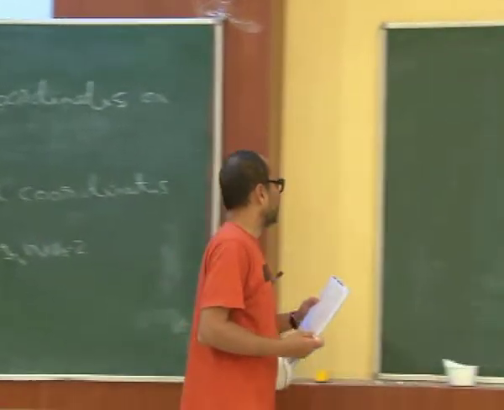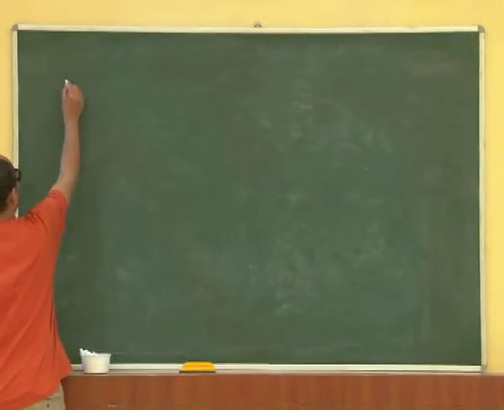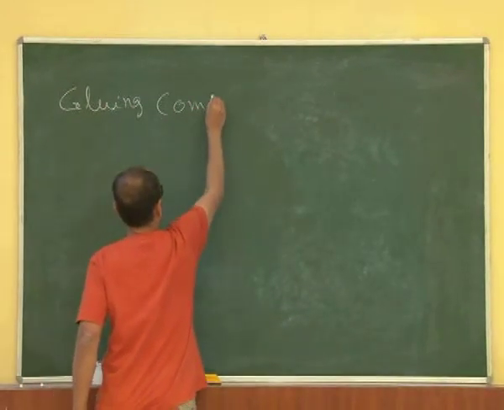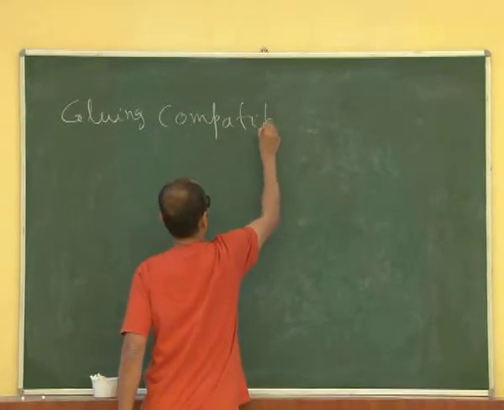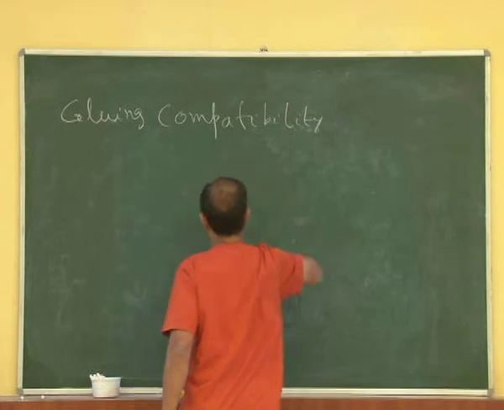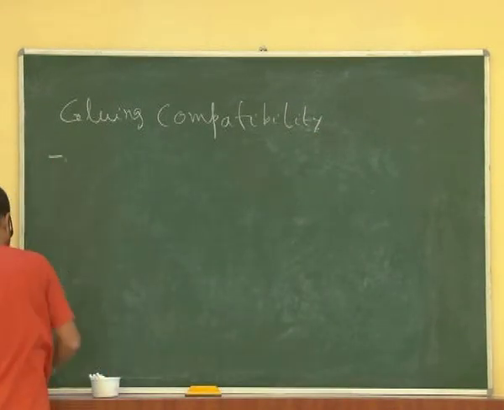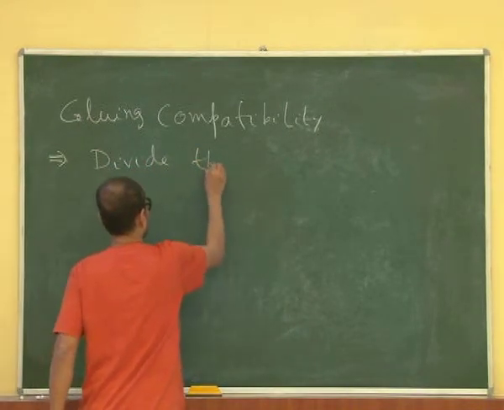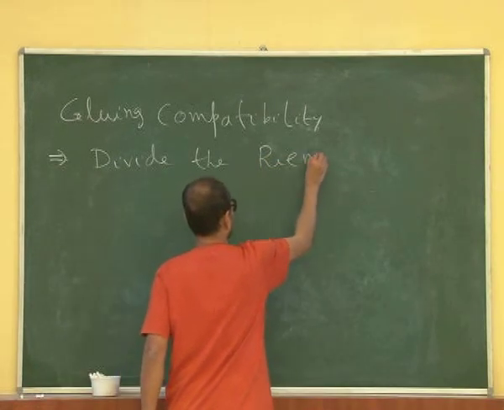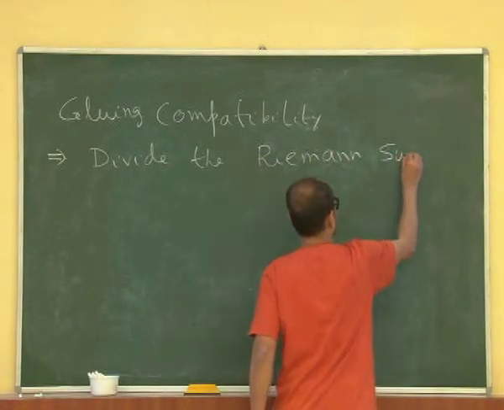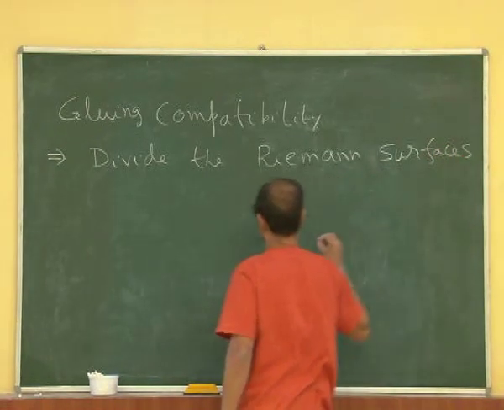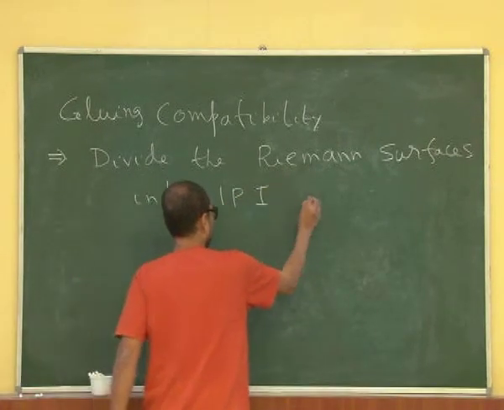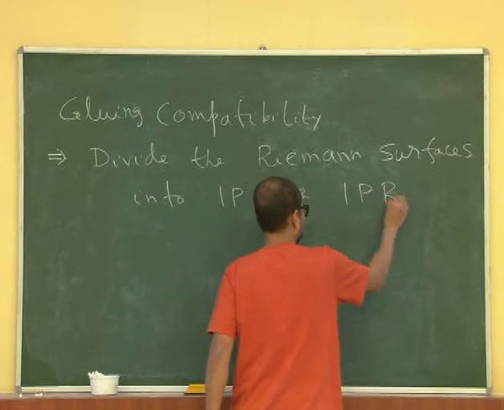Okay. Now, let me come to the advantage of gluing compatibility. So, the point is that using gluing compatibility allows us to divide the Riemann surfaces into one particle irreducible and one particle reducible Riemann surfaces.